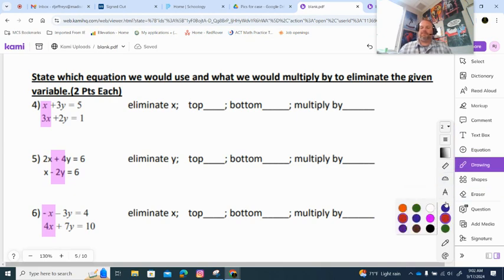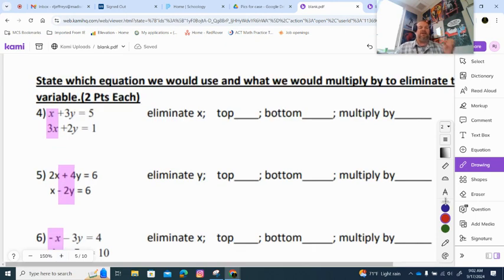Okay. So on number 4, I'm eliminating x. This is a positive 3. This is a positive x. Okay. I can use the top equation and multiply it by negative 3 so it can be a negative 3x and the x's cancel. Okay.